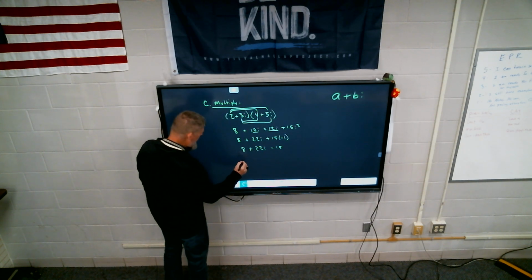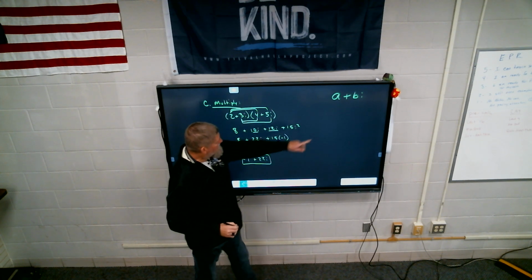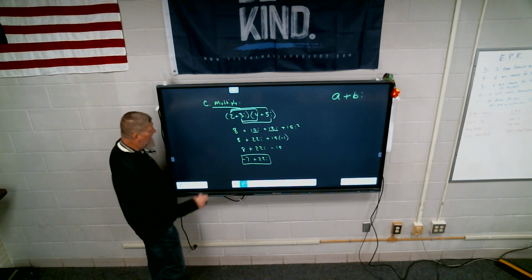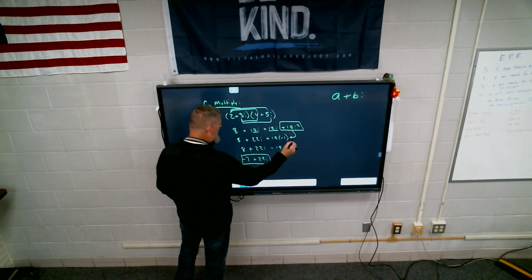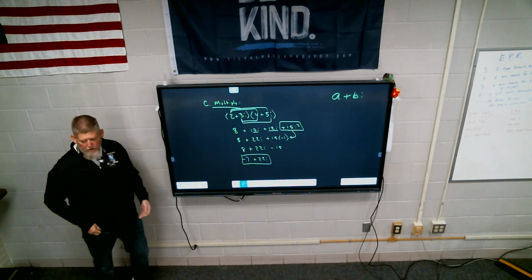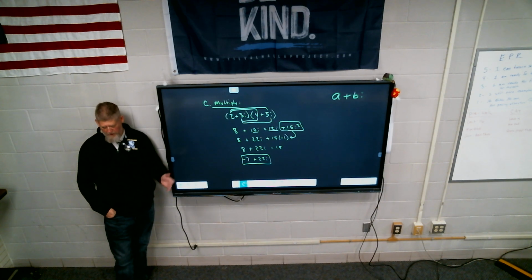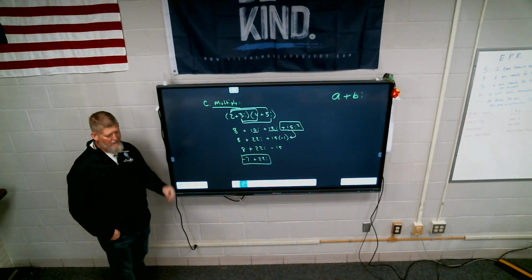So I'm left with negative 7 plus 22i. And notice that that's in my correct form, a plus bi. So never leave an answer with the i squared. Always make that substitution. That's really the only unique thing different from polynomials that we've been doing for years and multiplying complex numbers: you have to replace that i squared.